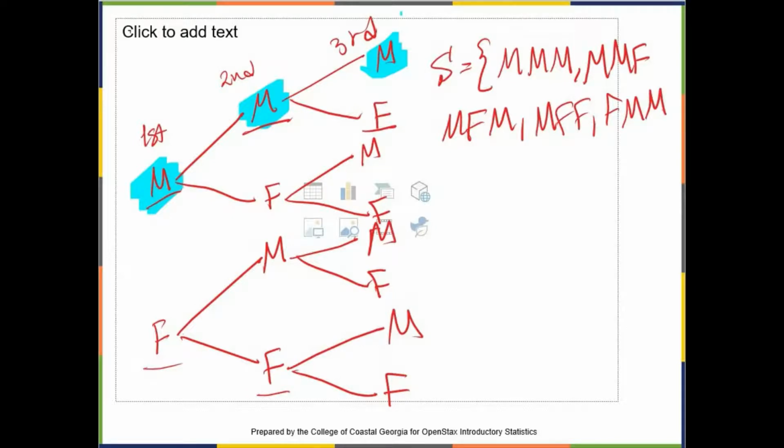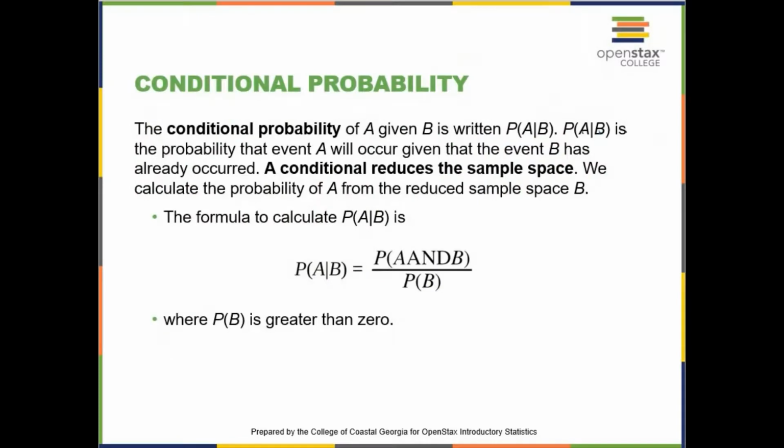Female, male, female. Female, female, male. Female, female, female. So this way we can create all the possible outcomes. We can even represent them with a tree diagram without listing the sample space.